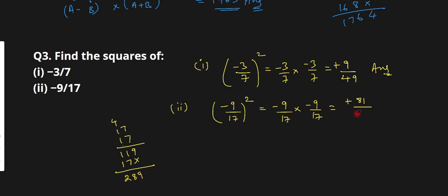So 17 square is 289. So this is the answer. So note it down fast. So these are the squares of minus 3 divided by 7 and minus 9 divided by 17.